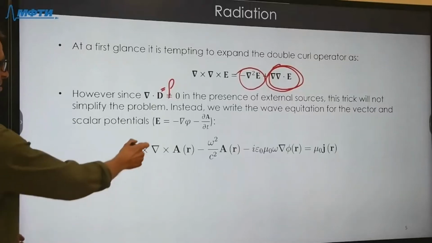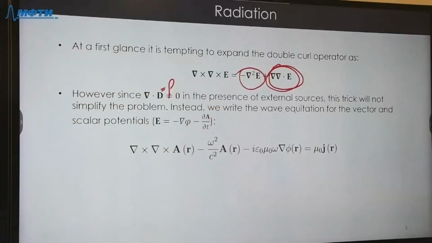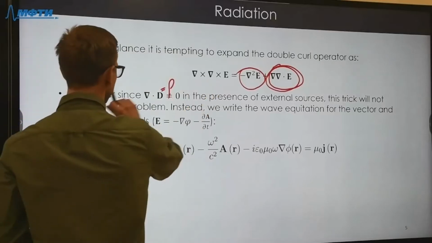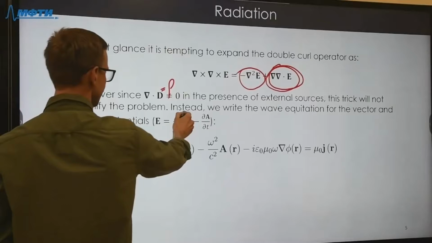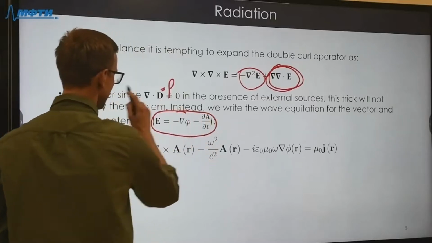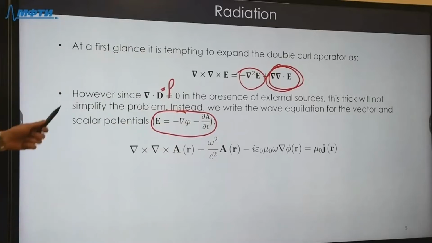And this is how we're going to do this. Instead of trying to expand the double curl of the electric field, we're going to obtain an equation for the vector potential. So instead of the electric field, here we're going to plug in the vector potential and scalar potential. The electric field can be expressed as minus gradient phi minus dA over dt.